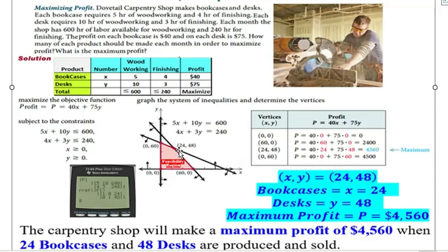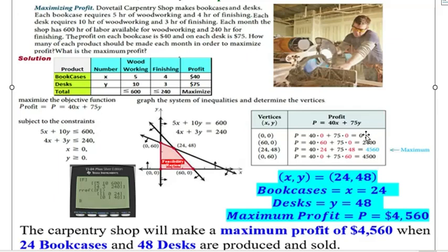Then evaluated at 24, 48, profit is 40 times 24 plus 75 times 48, that is 4560. Then evaluated at 0, 60, the profit is 40 times 0 plus 75 times 60, which is 4500.